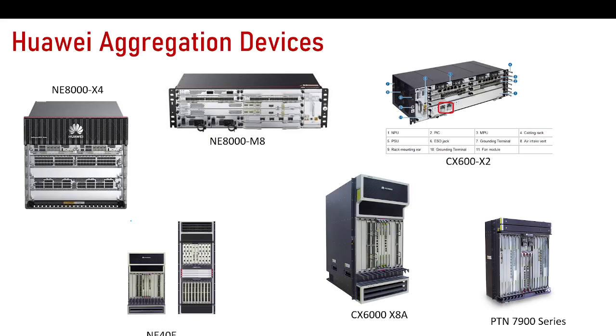Okay, I get you. The UPE is still the user-end device, which is the CSG in this case. So it's just the naming conventions from different vendors. Yes, but it still means the same thing.